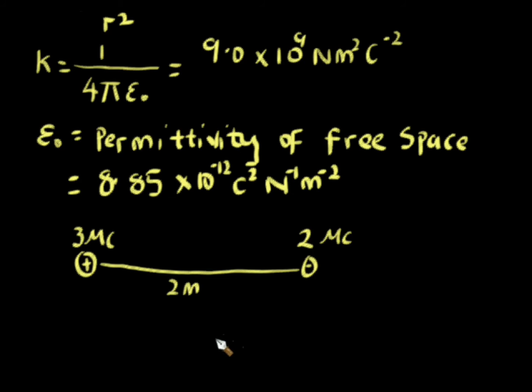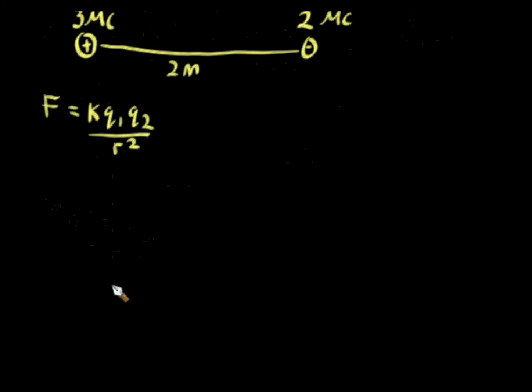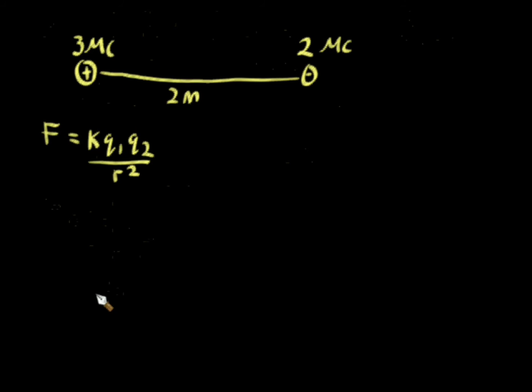So we can calculate this by applying the formula for Coulomb's law, which states that force is equal to K Q1 Q2 over r square. Now, in bringing out our data, we have that Q1 would be equal to 3 microcoulomb.